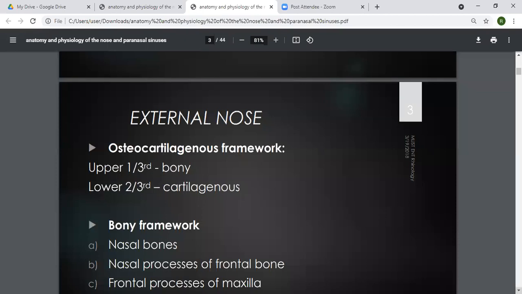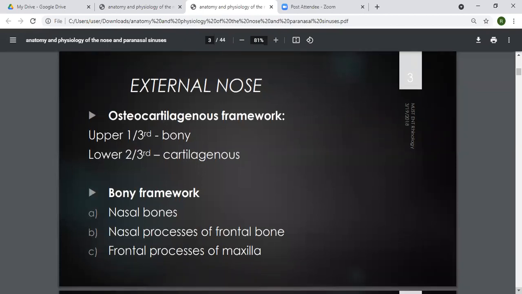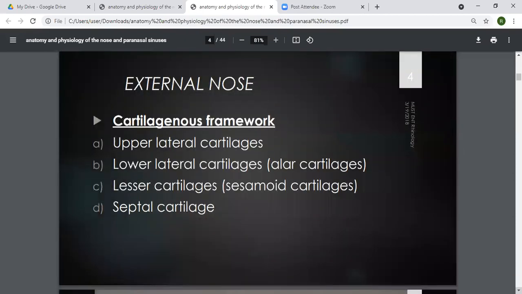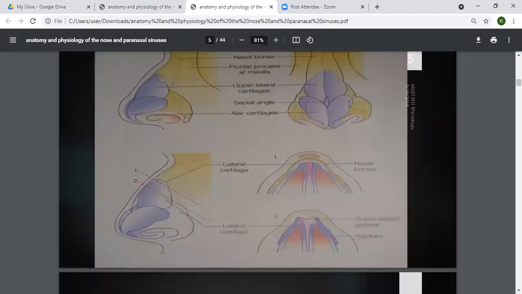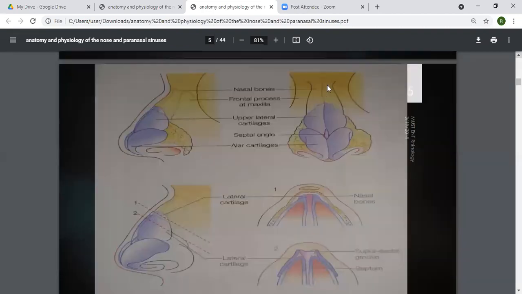So we have the bony framework composed of the nasal bones, the nasal process of the frontal bone, and the frontal process of the maxillary bone, while the cartilaginous framework has the upper lateral cartilages, the lower lateral cartilages, which are the same as the alar cartilages, and the lesser cartilages, as well as the septal cartilage. In this image, you can see this upper part, which is the nasal bone.